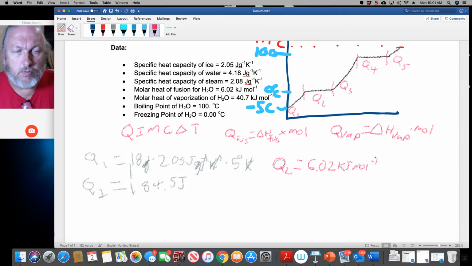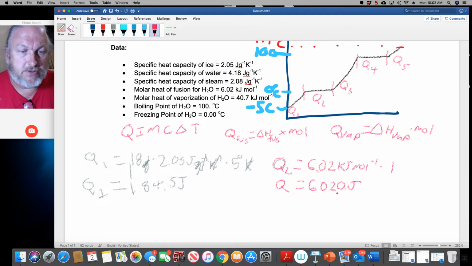And that -1 means it's in the denominator, times the number of moles, which is 1. So Q2 would be 6.02 kilojoules. I'm going to go ahead and convert that to joules, which I know, since there's 1,000 joules in a kilojoule, all I've got to do is move the decimal over 3 places. 1, 2, and there's a 0 there, 3. So that's 6,020 joules. There's my Q2.